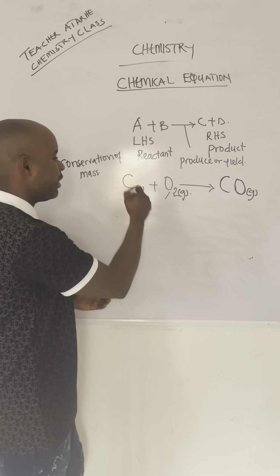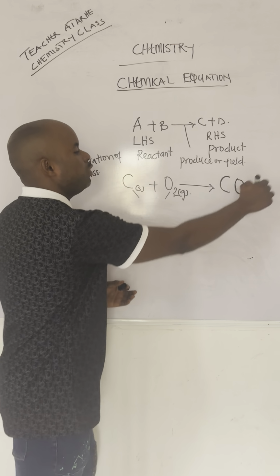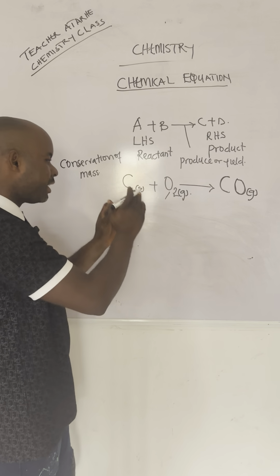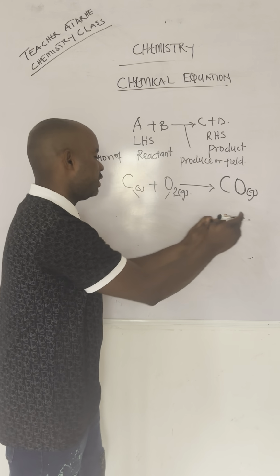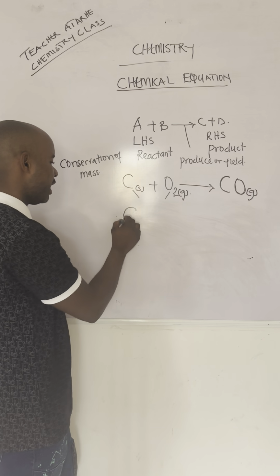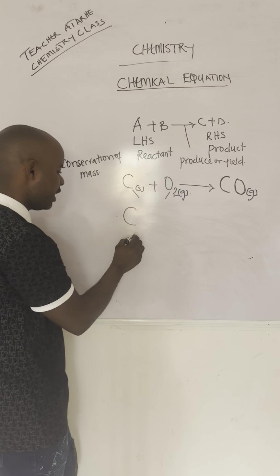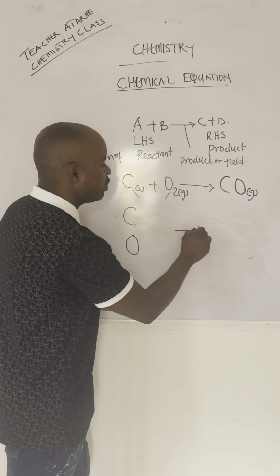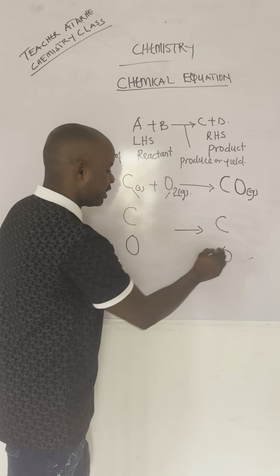So the reactants came together to produce this whole compound. Whatever started the reaction actually ends the reaction. For instance, we have C at the reactant side, we have oxygen at the reactant side, to produce C and O as well.